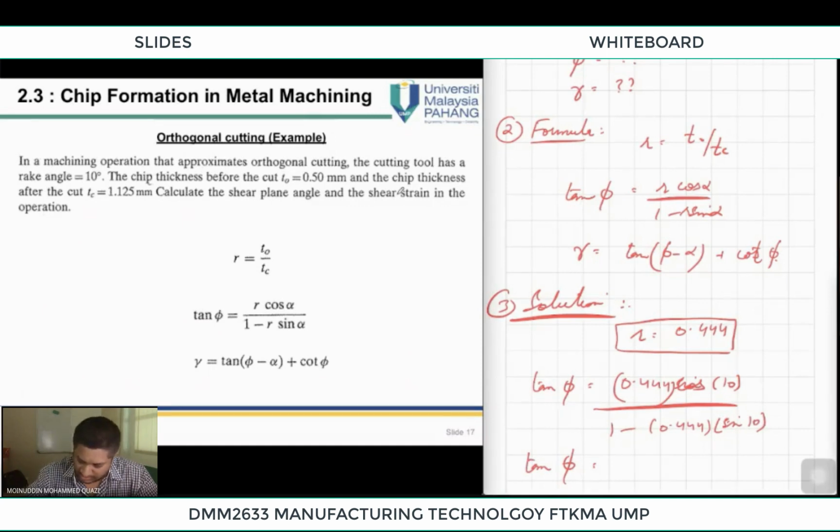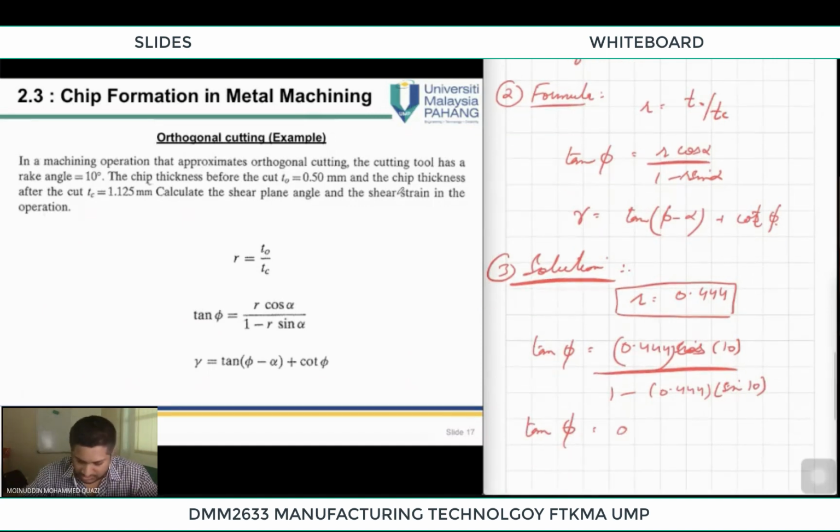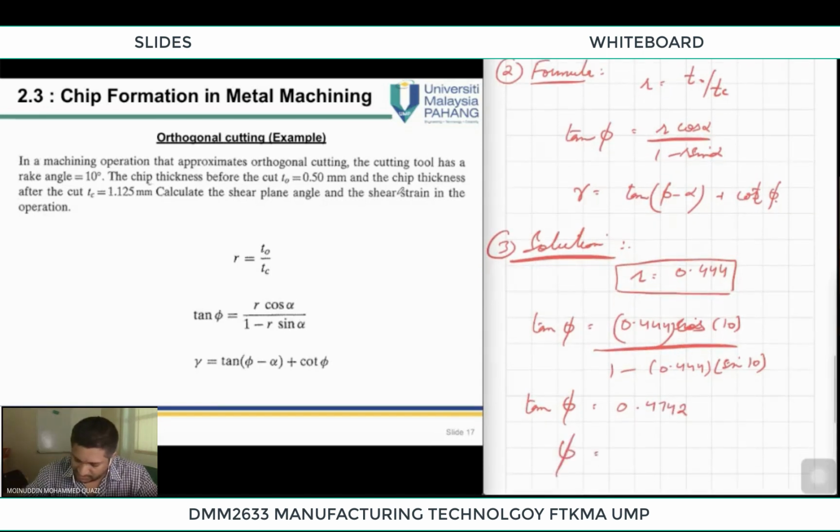So the answer is 0.4742. So phi is equal to tangent inverse of that, which is 25.374 degrees.